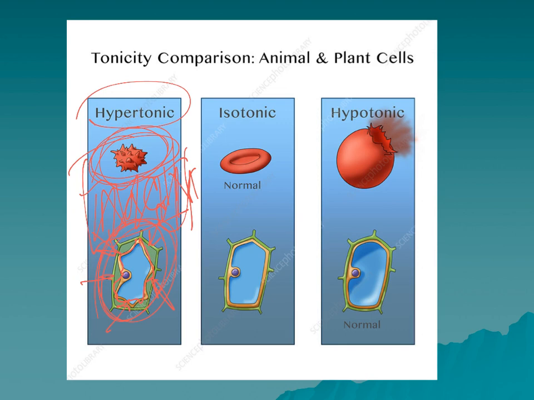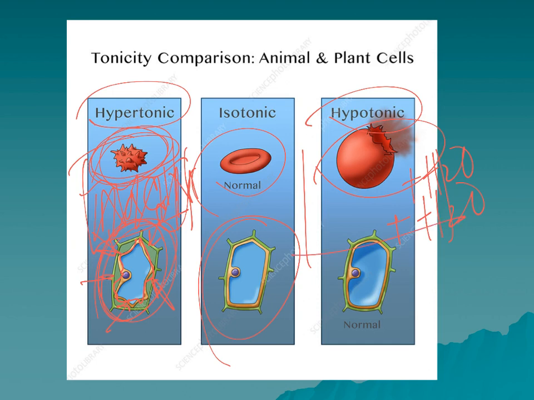Okay? Isotonic, it's a beautiful little red blood cell, and that's a plant cell, and both of them are staying the same. Hypo means there's lots of water in the beaker that you plunk this cell in, okay? So what happens is the cell's like, hey, I want that, pulls it in, and then it makes it explode.